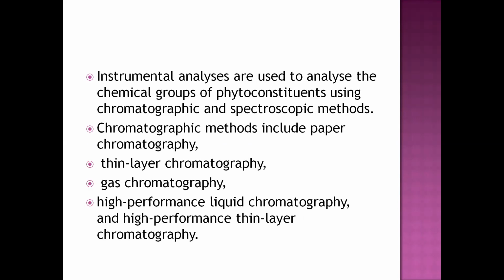Now the instrumental analysis. Instrumental analysis means we have to use some instruments. Among the instruments, UV can come, IR can come, NMR can come. UV means ultraviolet, IR is infrared, then NMR, and it also includes the chromatography techniques.